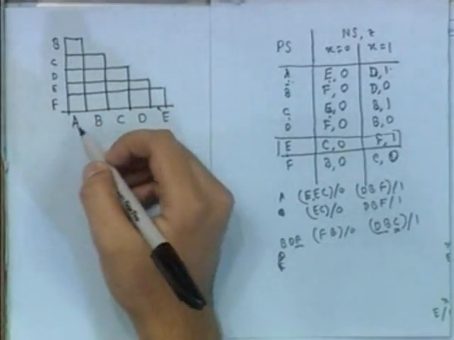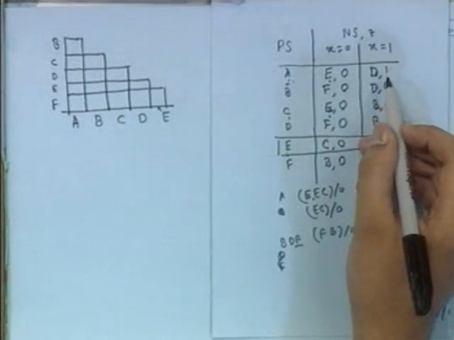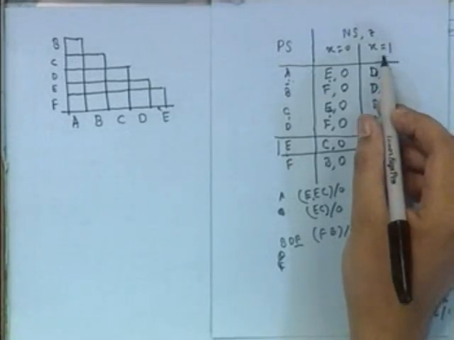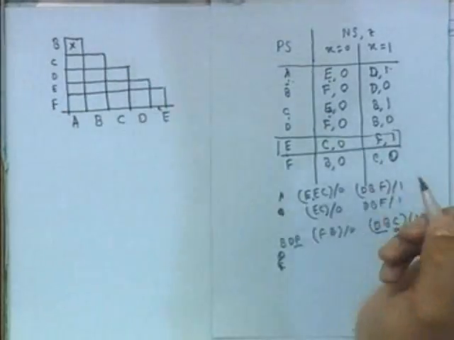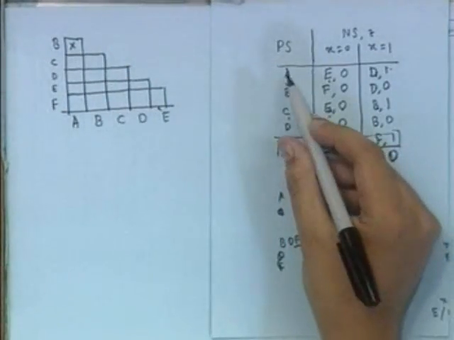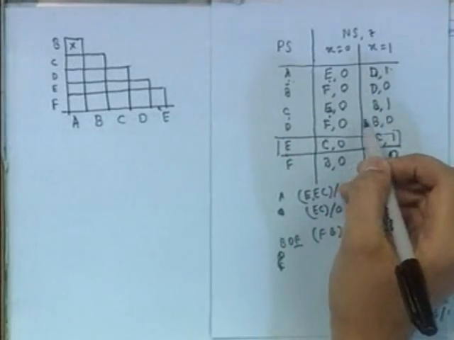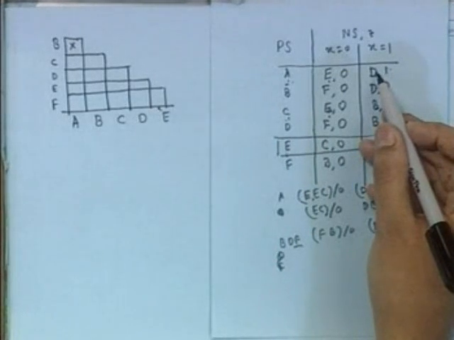We will compare first, suppose A and B. Are they equivalent? They are not equivalent, because they are producing different outputs for the same inputs. For x equal to 1 they are producing different outputs, so A and B are not equivalent. Now you go to A and C. You can't say whether they are equivalent or not. A and C will be equivalent if B and D are equivalent.